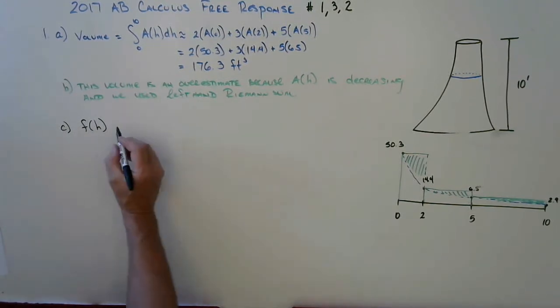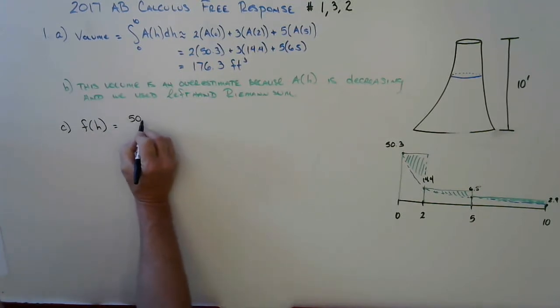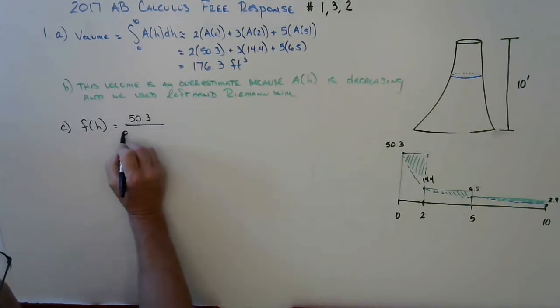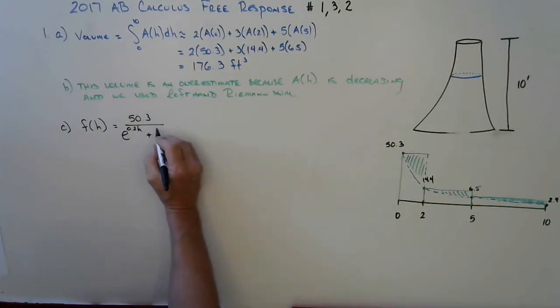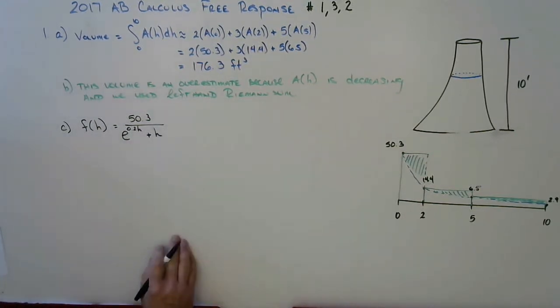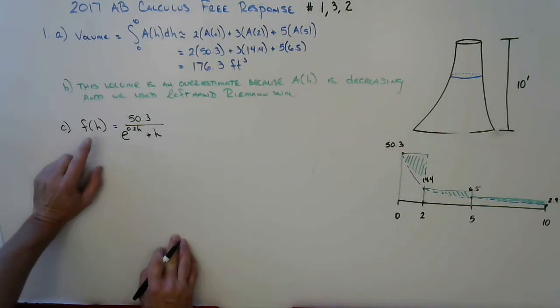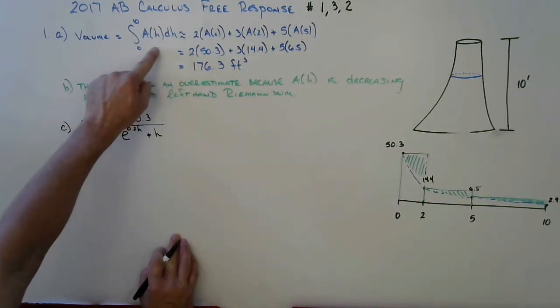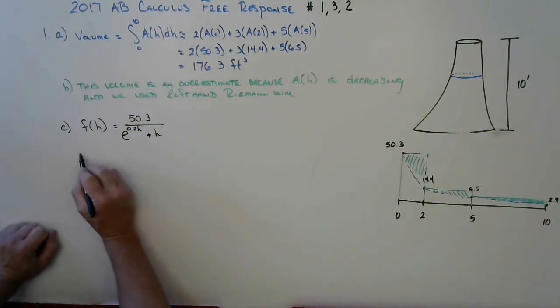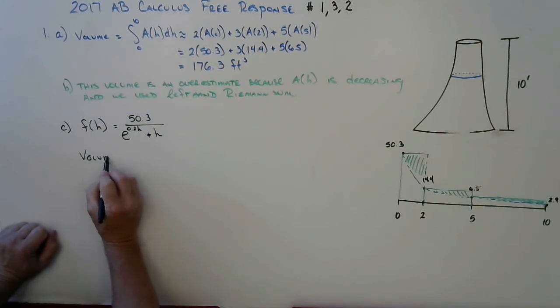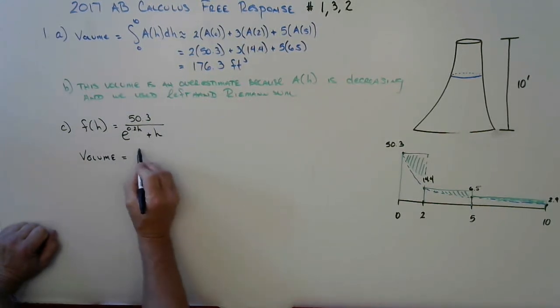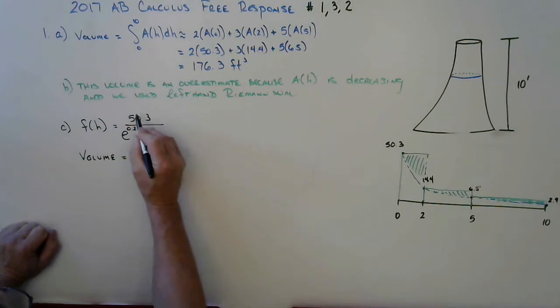They give us 50.3 divided by e to the 0.2h plus h. It says find the real volume. So they've given us a function for the area, and the real volume would be the integral from 0 to 10 of this.